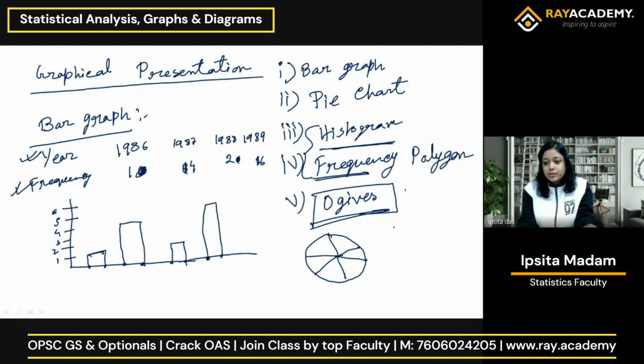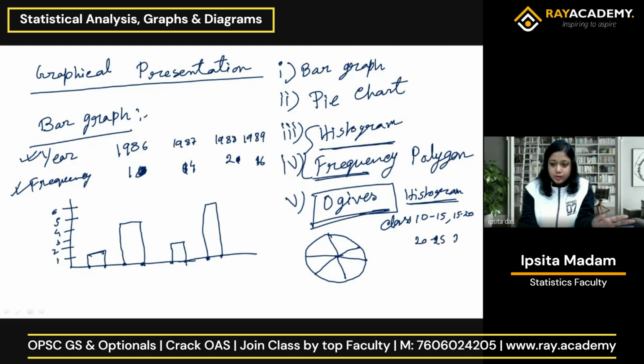But the histogram is oriented on the class. Suppose the classes are 10 to 15, 15 to 20, 20 to 25, 25 to 30, and corresponding data 4, 2, 3, 1.